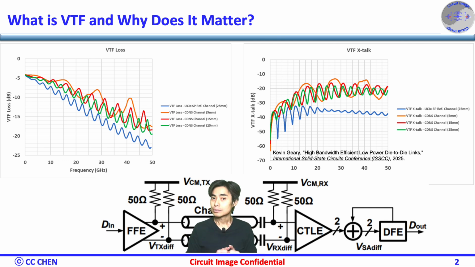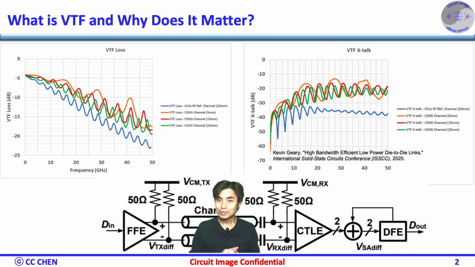Unlike insertion loss S21, which measures power transfer, VTF focuses on actual voltage amplitude, aligning more closely with receiver signal quality requirements. It accounts for insertion loss, reflection, and loading effects in a single voltage domain metric, providing a clear picture of how much usable signal arrives at the receiver.